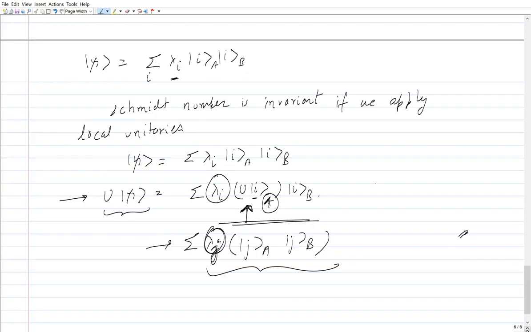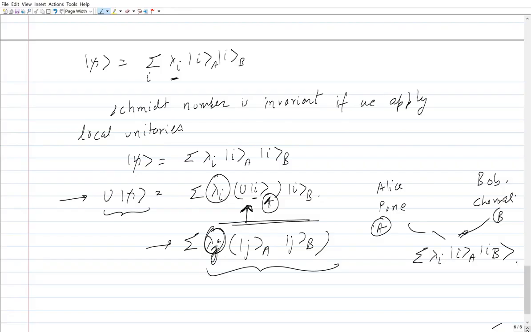So for example, Alice and Bob can be in Pune and, I don't know, Chennai. They can share a state. They have a joint state, which is the sum of lambda i, i A, i B. This is a state shared by Alice and Bob, where Alice has the A system and Bob has the B system.